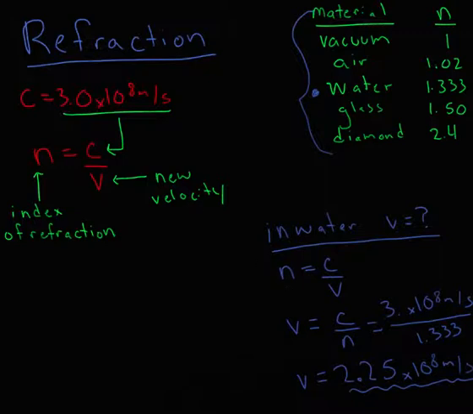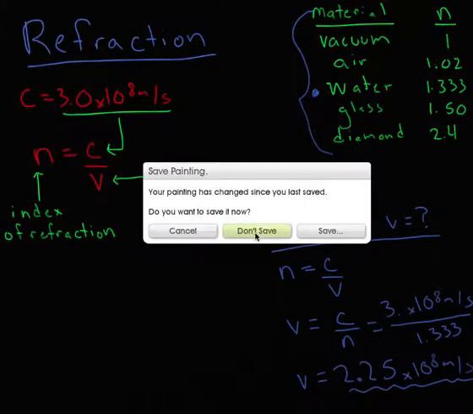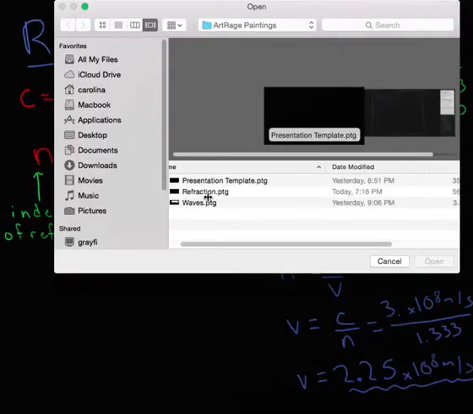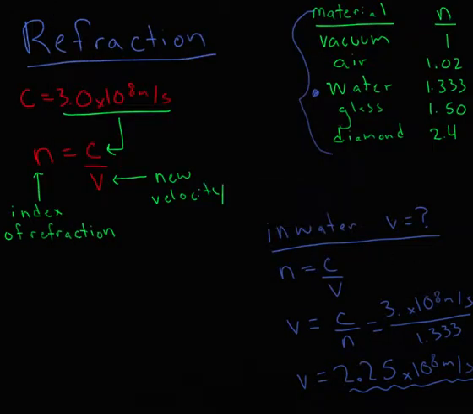All right, let's see what else light does when it travels into a new material. Let's open up a blank canvas here. What happens when light travels into a new surface?